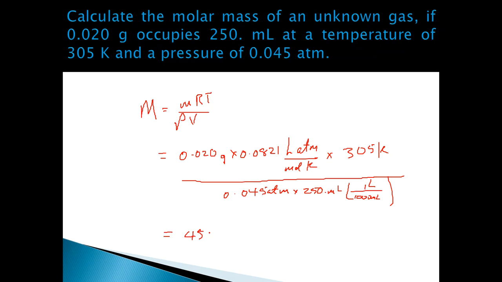For the units, the atmospheres cancel, milliliters cancel, liters cancel, Kelvin cancel, so basically the only unit remaining is grams divided by moles, so it would be grams per mole. And that's how you do that.